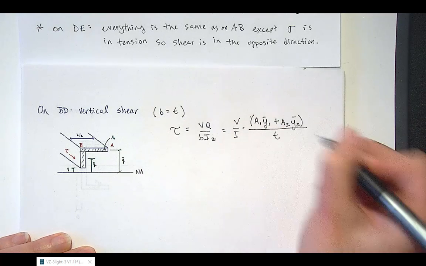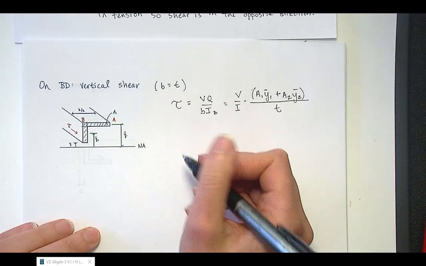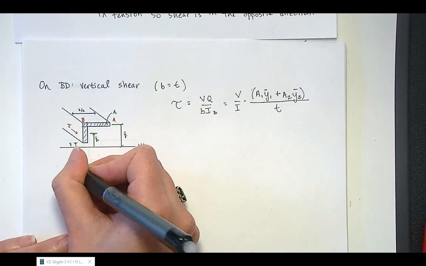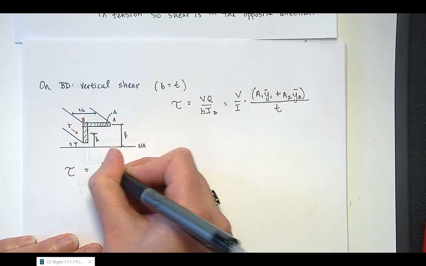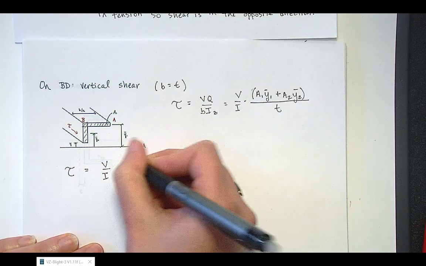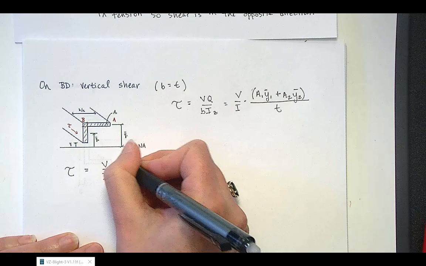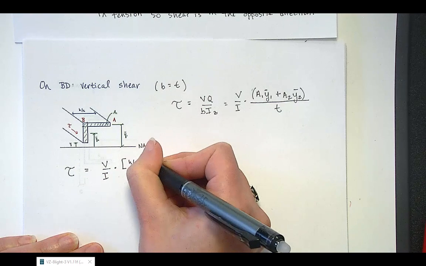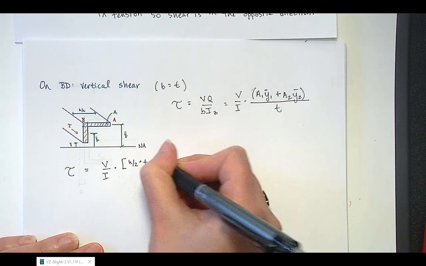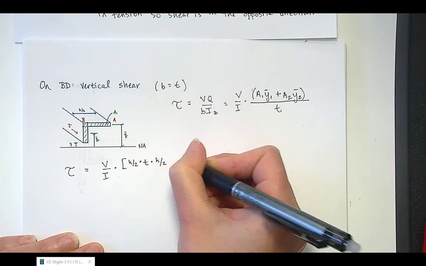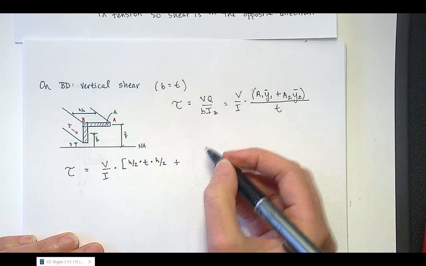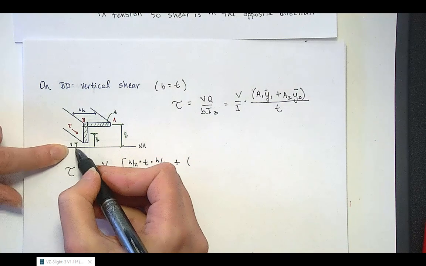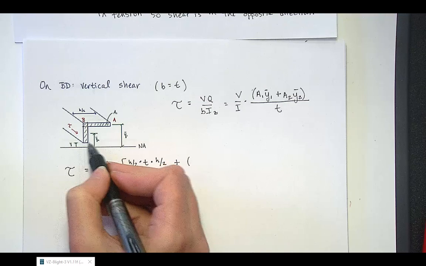And then divide that by T. So shear stress then is going to be V over I, and our area A1 is H over 2 times T, and Y1 bar is H over 2, and our area 2 is going to be a variable now because we have our variable Y defining the point at which that area ends.